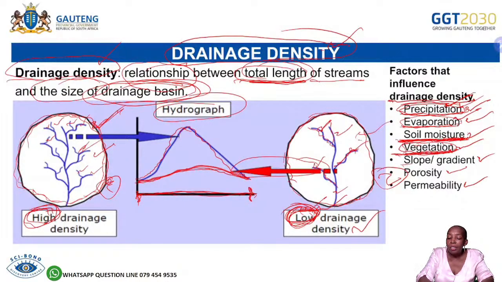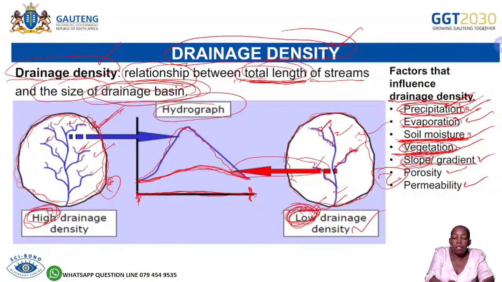Then in the comparison of the slope, we are either looking at a slope that is gentle or a slope that is steep. So areas that have a steeper gradient have more water flowing on the surface. Therefore, the density there would be higher.